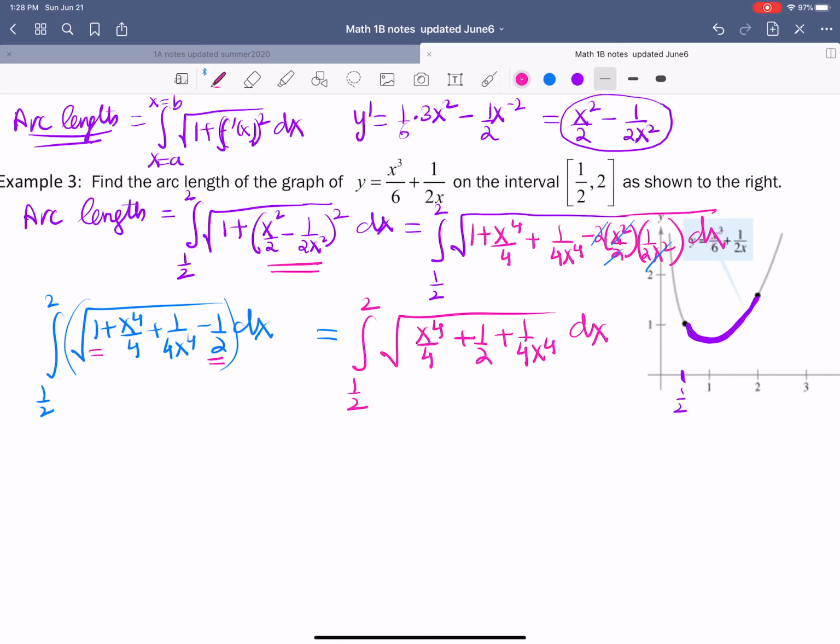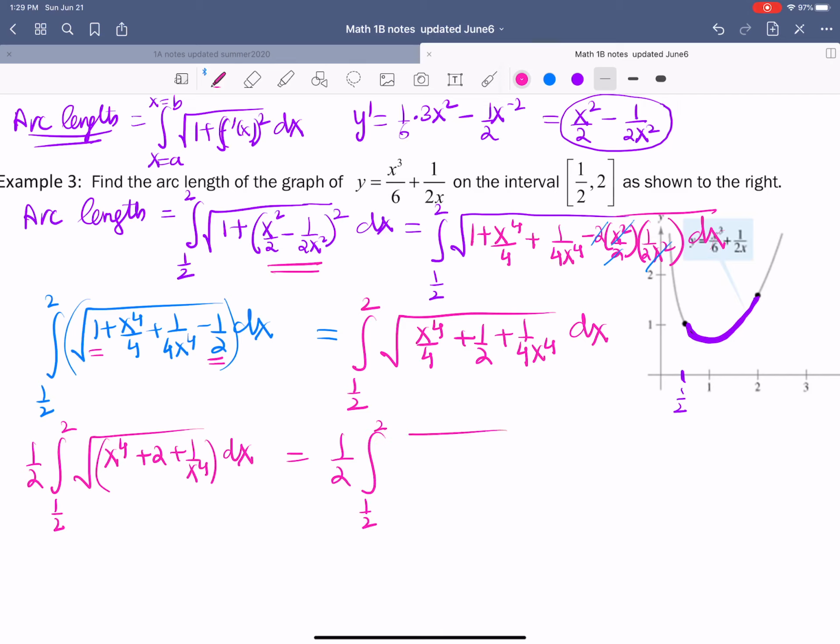If I get a 1/4 out of the square root, I would actually have 1/2 out in the front. So inside it would be x to the 4th plus 2 plus 1 over x to the 4th, dx. Again, 1/2 got pulled out of the square root, from 1/2 to 2, and the inside looks like it's x squared plus 1 over x squared, squared, dx.